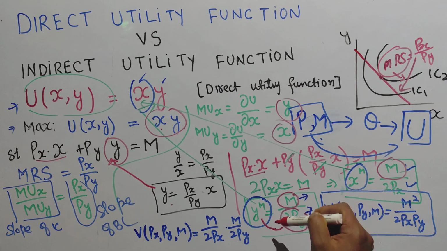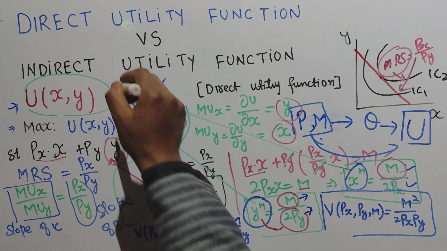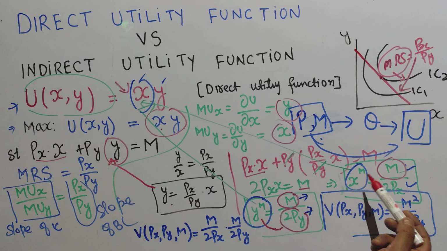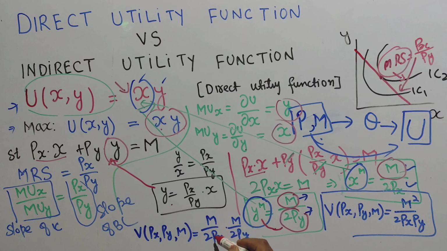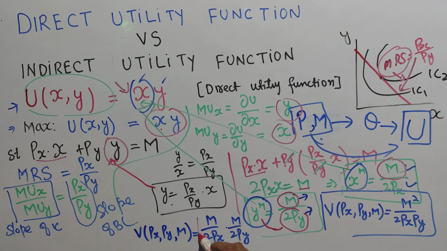And when we plug these Marshallian demand functions into our direct utility function and solve, in place of X I have M upon 2PX, in place of Y I have M upon 2PY. When I solve this, I will get M square upon 4PX times PY. This is what we call the indirect utility function.